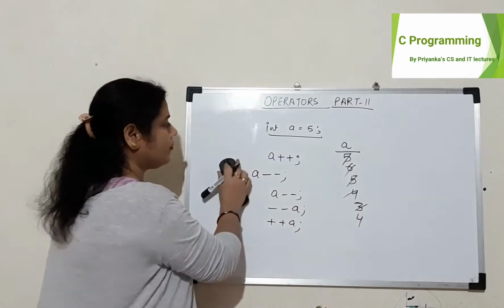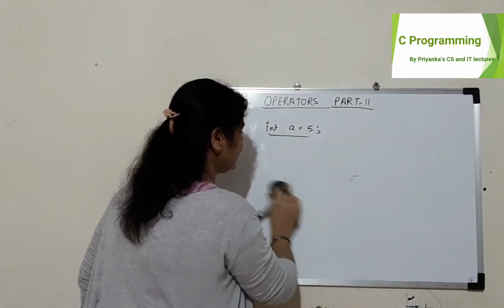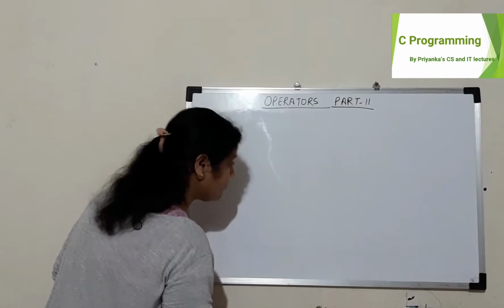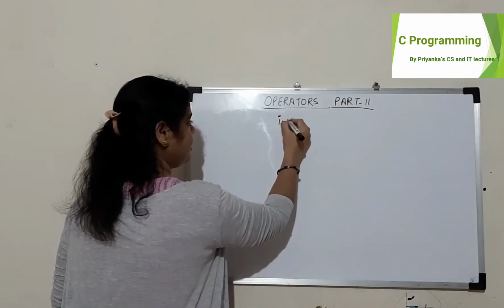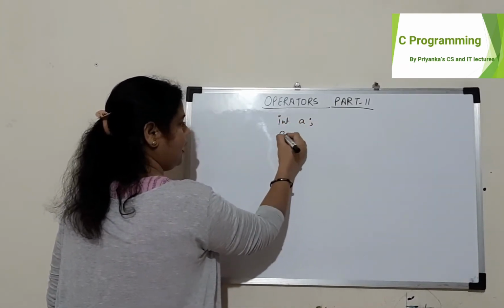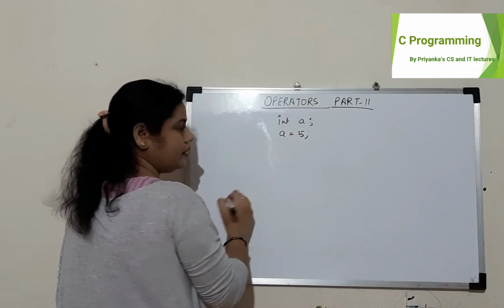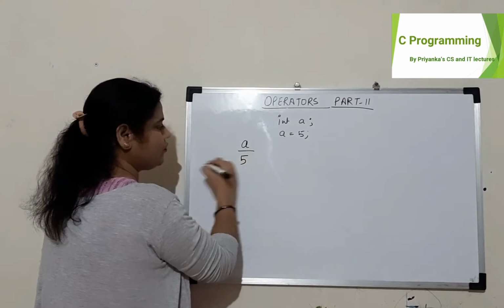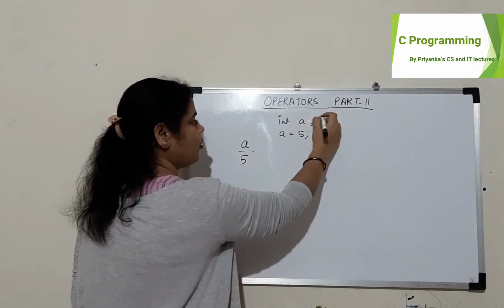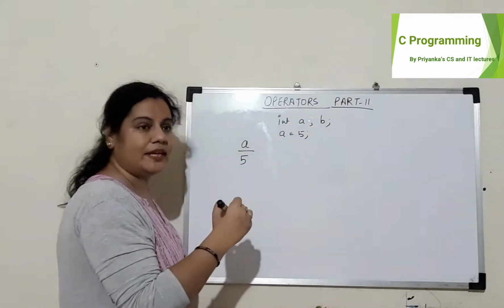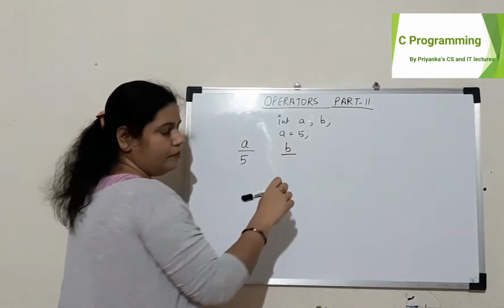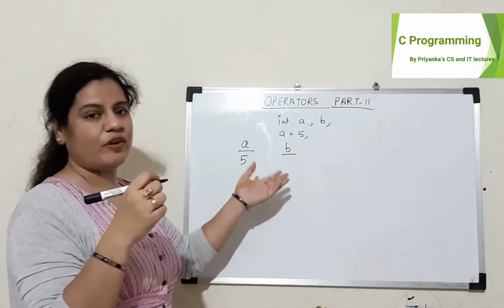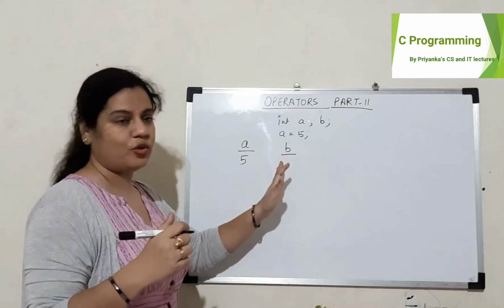Like, if I say int a = 5, then a has 5 as its value, and I take one more variable, b. B will obviously have some garbage value because we haven't assigned any value here.